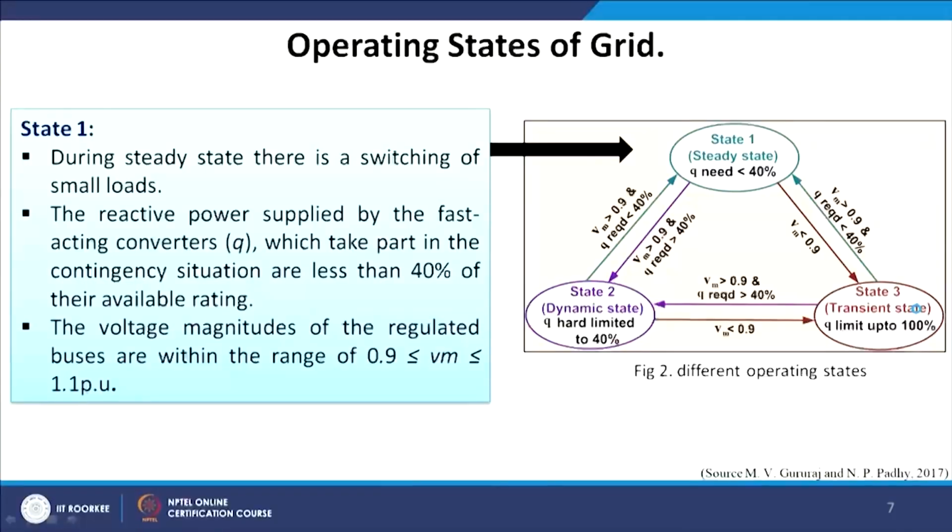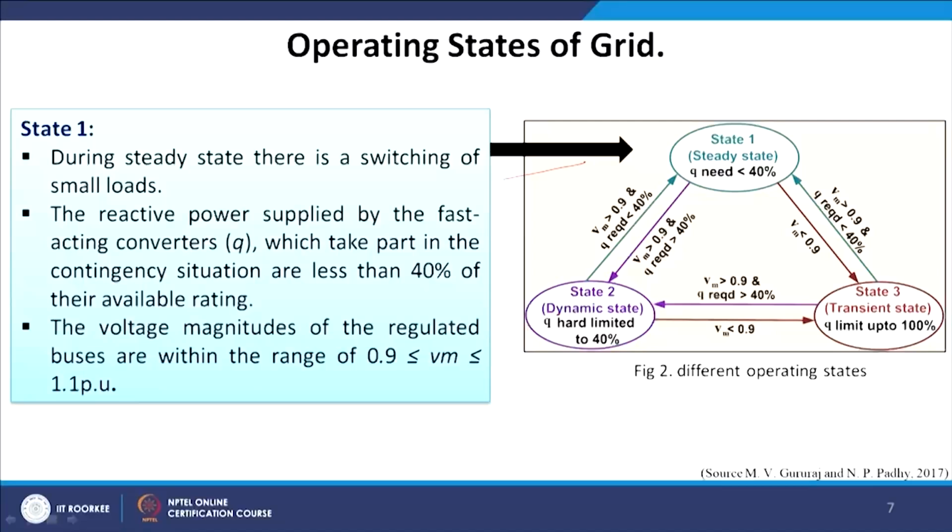Now, in any system, we come across three different states. The first one is steady state, then dynamic state, and finally the transient state. Now, what is the reactive power and voltage scenario during all those states?